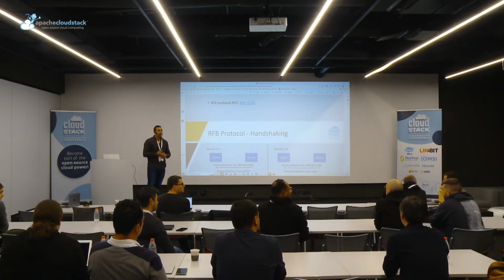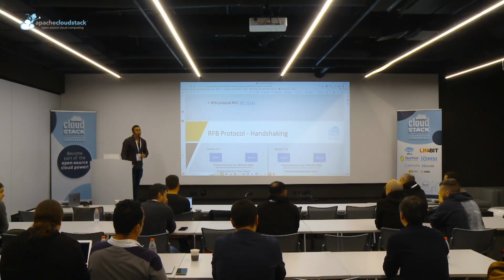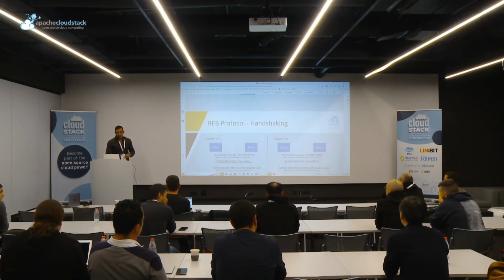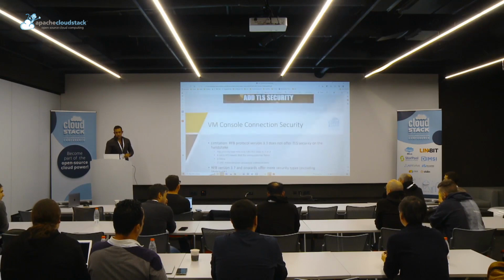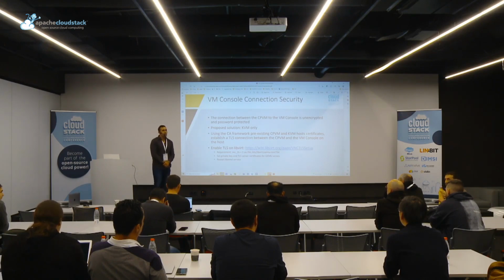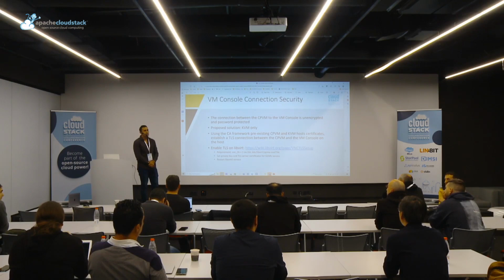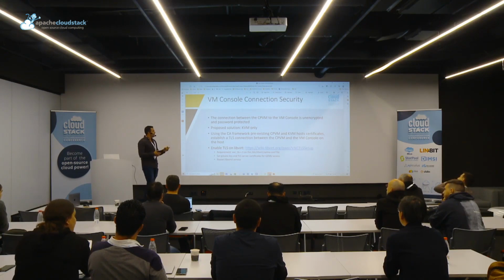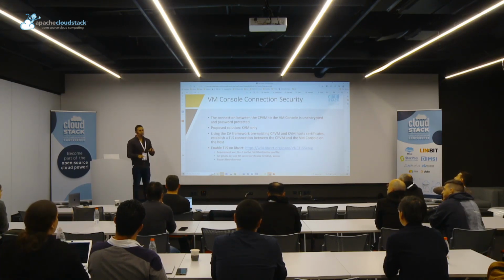You said the new TLS encryption is supported by KVM hypervisors. Yeah. But let's say you have a mixed environment with KVM and VMware hypervisors. If I configure TLS encryption to be on, would it fall back when it tries to connect to a VMware console? So I think when you have a mixed environment, you have two CPVMs, right? One for KVM, another for VMware.